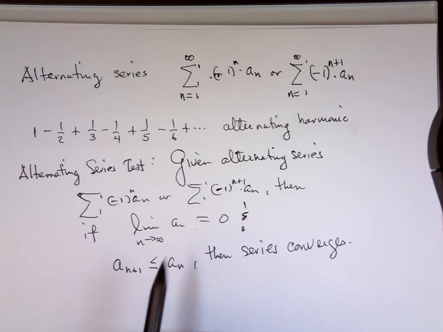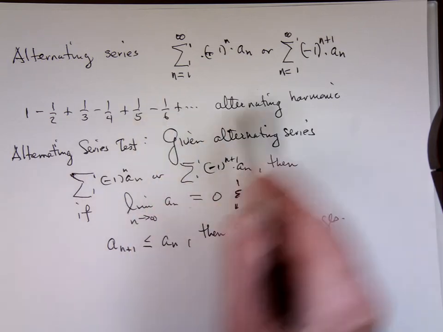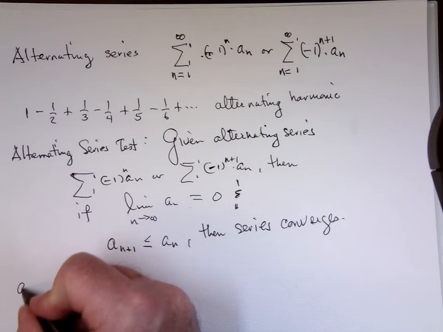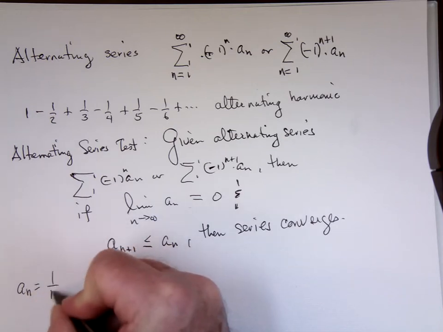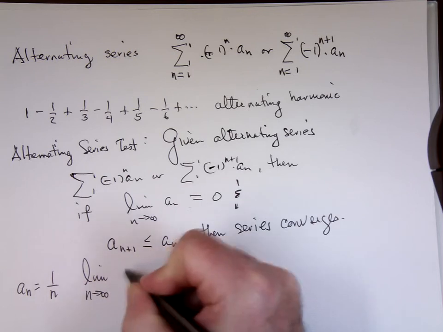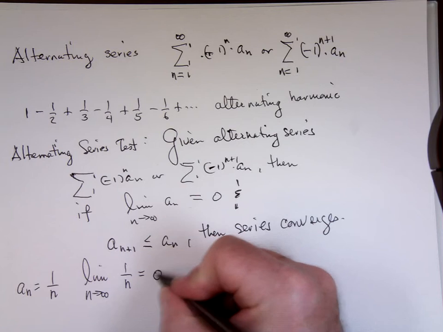Well, let's see. The a sub n term here in the alternating harmonic is 1 over n. What's that limit as n goes to infinity of the 1 over n? That's equal to 0. That's the first condition. That's satisfied. And what about the terms themselves?